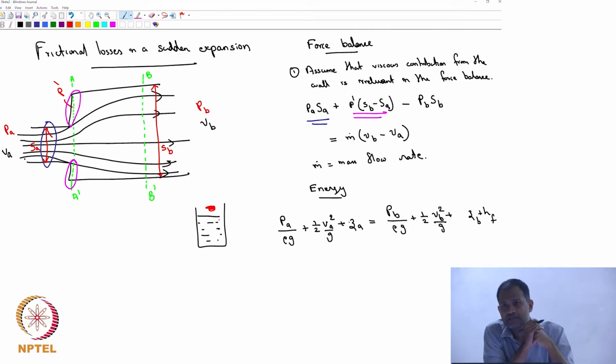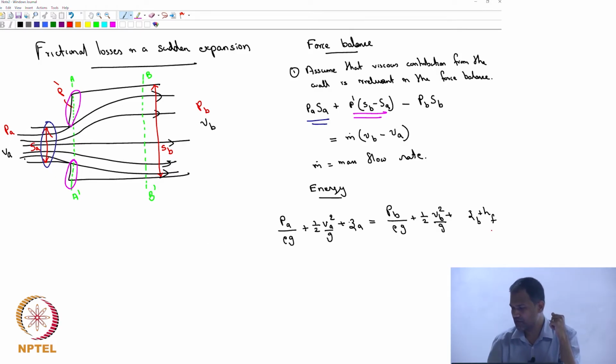Which one? So I have an HF now. P, V, everything is an average quantity here. So it's just writing down that the net energy in is equal to net energy out plus extra losses.